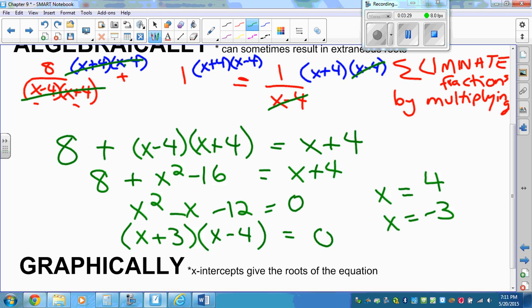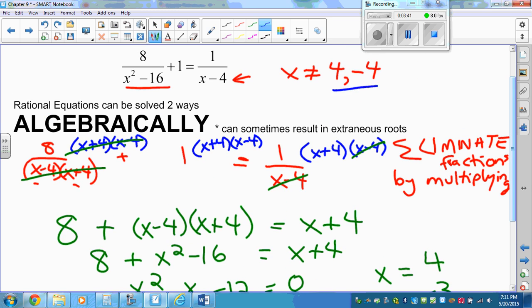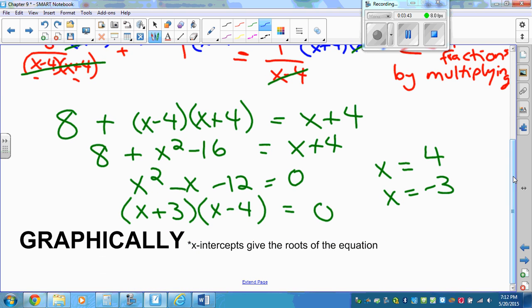Now right away I should know I need to reject one of these. My non-permissible value said that x could not be plus or minus 4 right here. So I am going to reject this guy, and my answer is x equals negative 3.